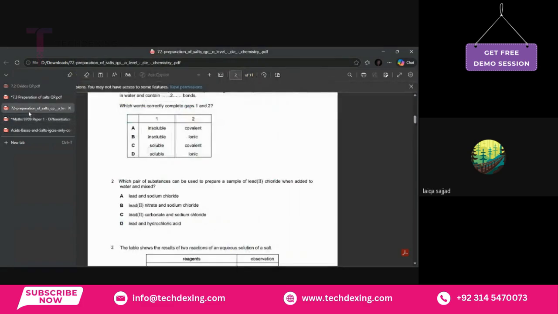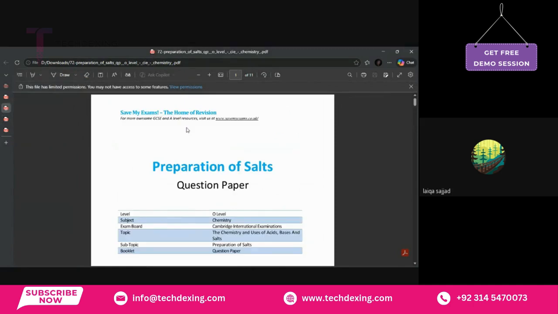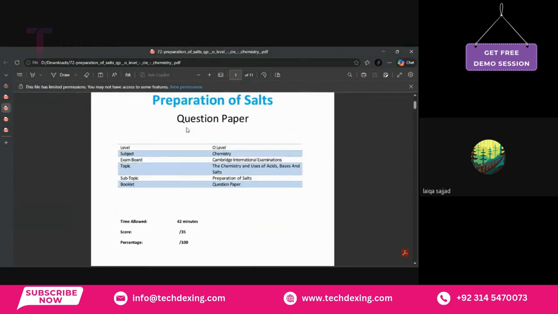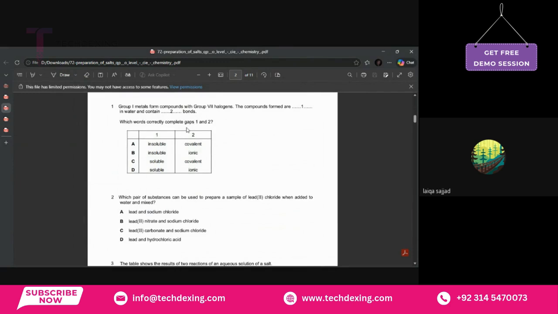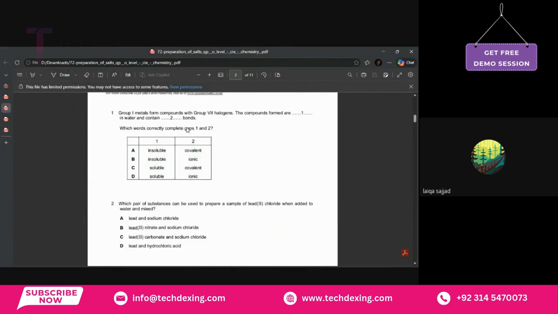Okay, so these are about the preparation of salts. We are given that group 1 metals form compounds with group 7 halogens. The compounds formed are dash in water and contain dash bonds. Which words correctly complete gaps 1 and 2? The compounds formed are dash.